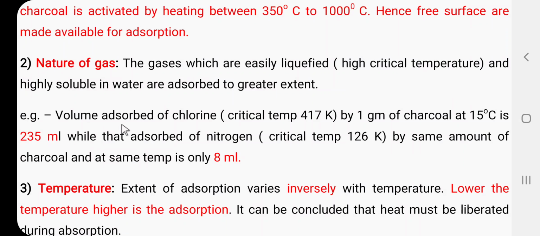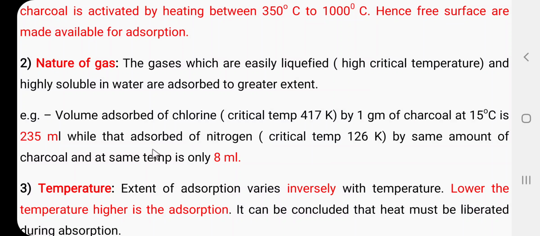Here the volume adsorbed of chlorine. The critical temperature of chlorine gas is 417 Kelvin. The volume of chlorine adsorbed by 1 gram of charcoal at 15 degrees Celsius is 235 ml. That means 1 gram of charcoal adsorbs 235 ml of chlorine gas.